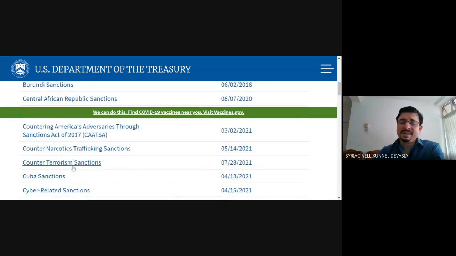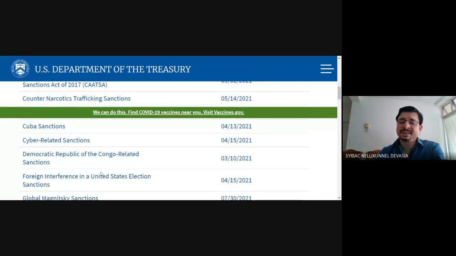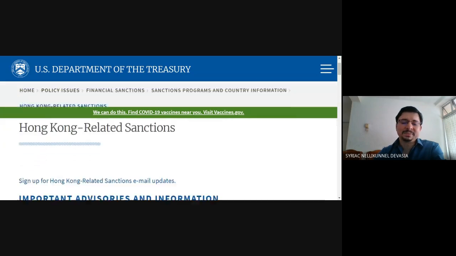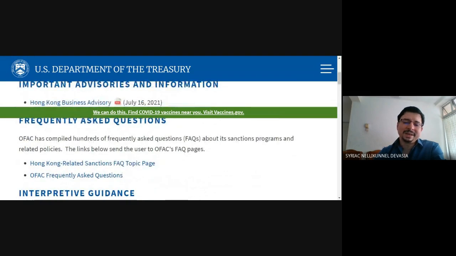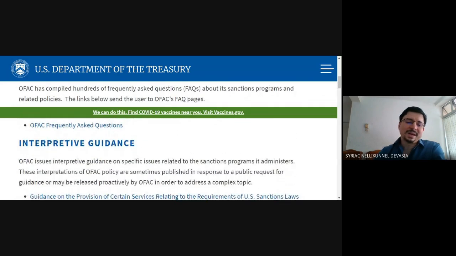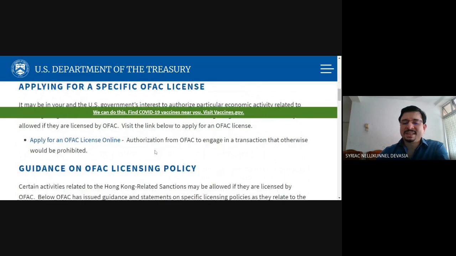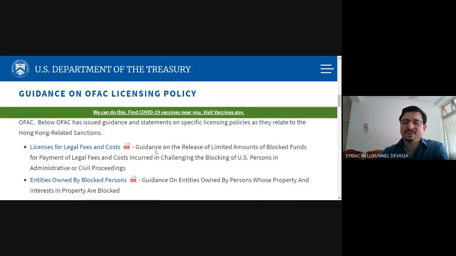If you look, there are hundreds of sanctions by the United States, like Hong Kong related sanctions. This is a recent sanction because of the unrest that is happening in Hong Kong. They have put out the guidelines here, what kind of sanctions and who is affected and so on.